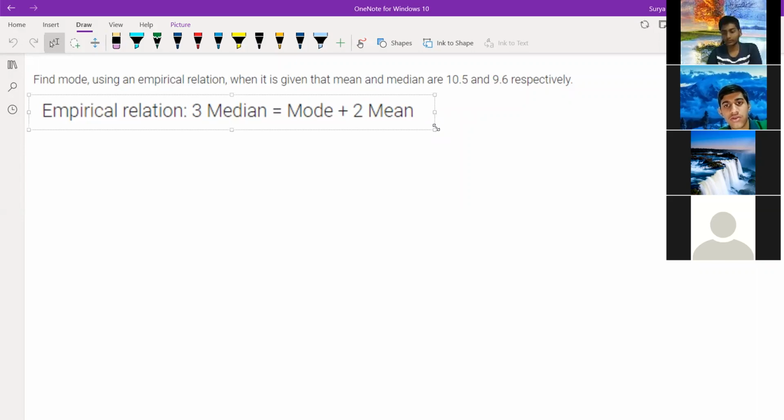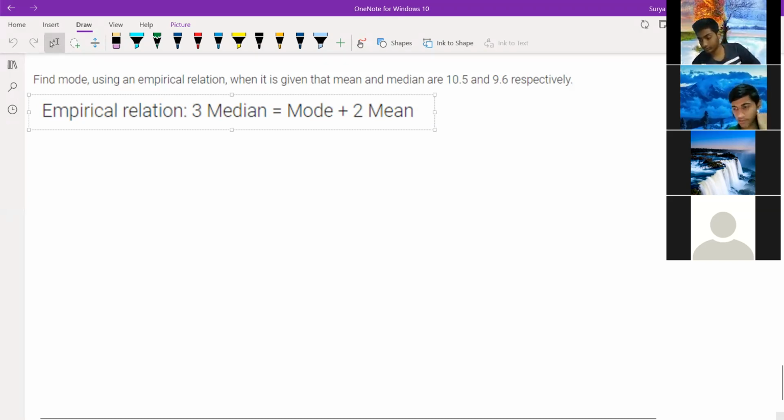So which one is the greatest? Here, by seeing only, you can see that mean is greater than median, right? From the formula, mean is the greatest one, then median, then mode will come.